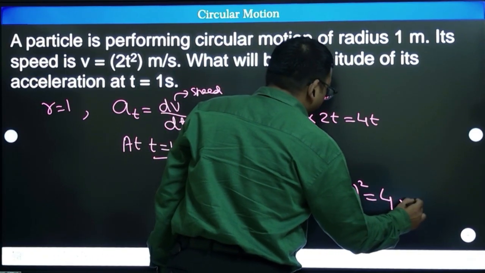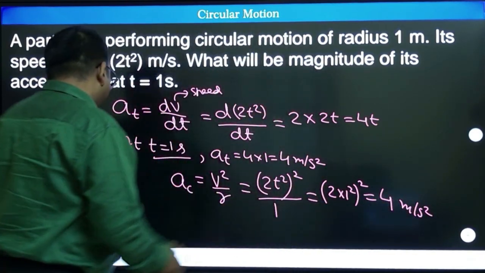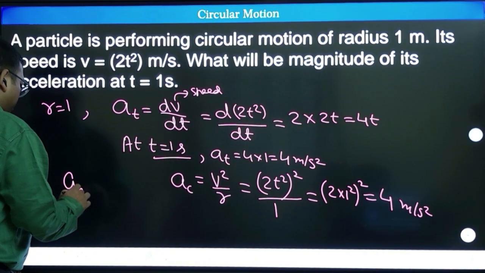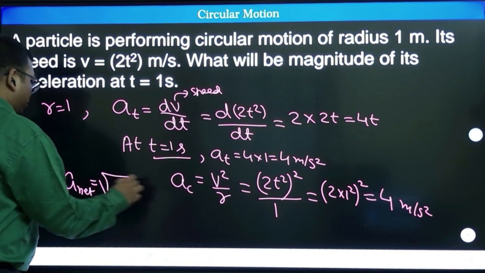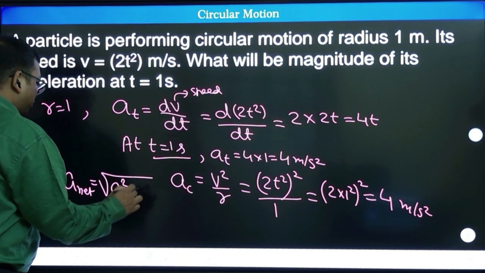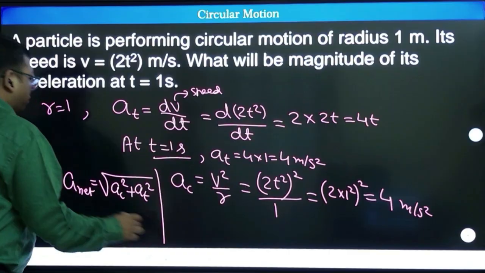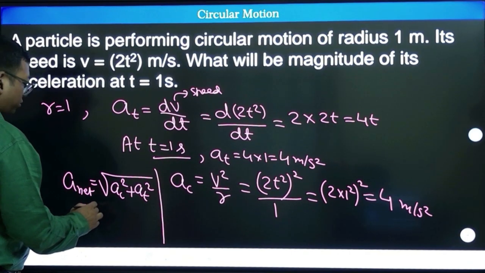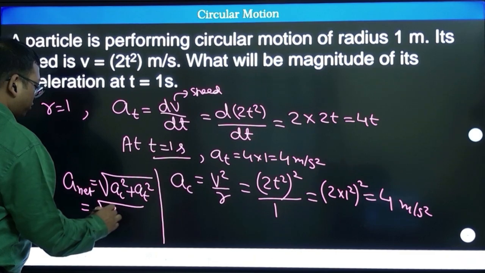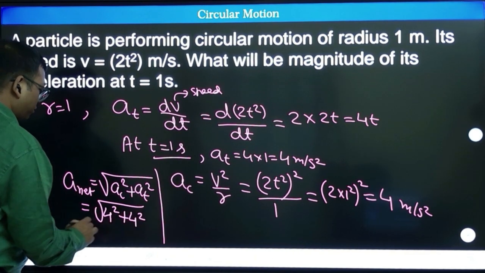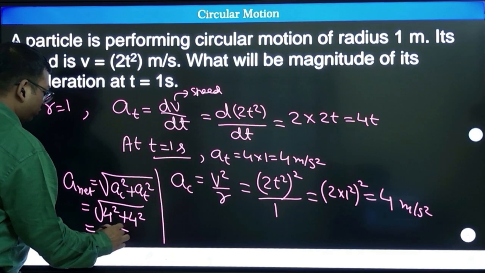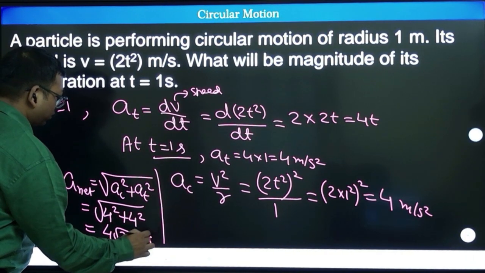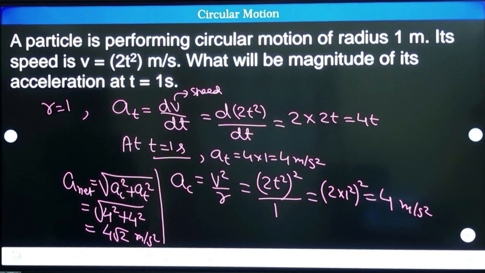This is also 4 meter per second. Then the resultant acceleration, net acceleration, is root under a_c square plus a_t square, so root under 4 square plus 4 square, which is 4 root 2 meter per second square. Correct?